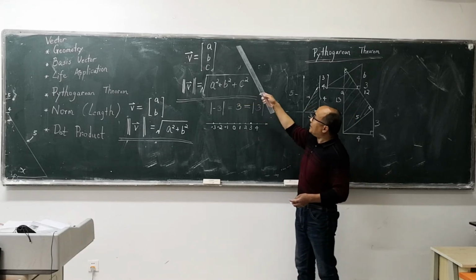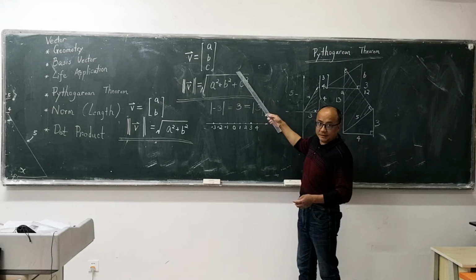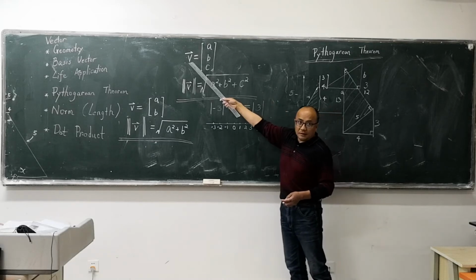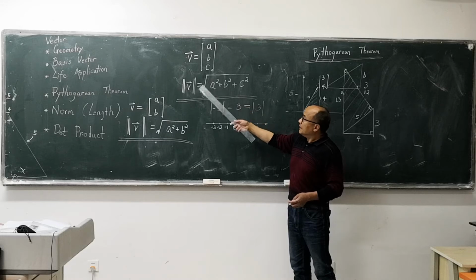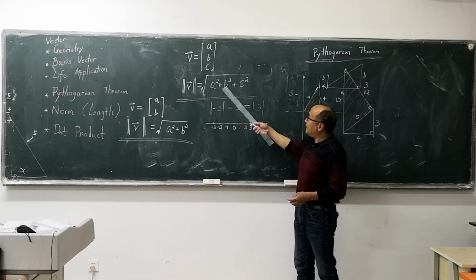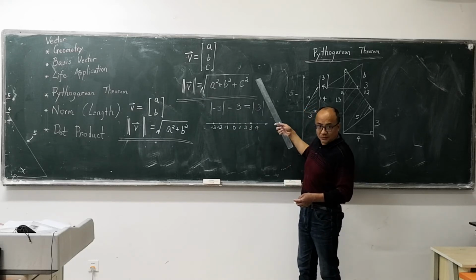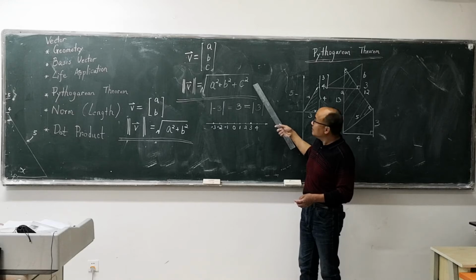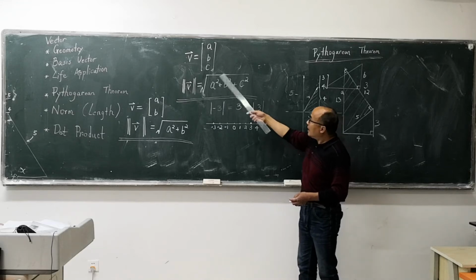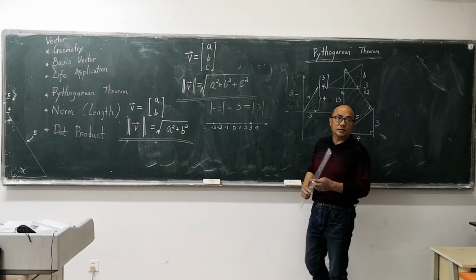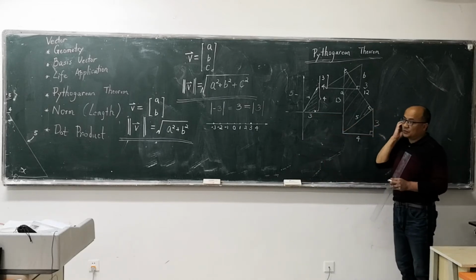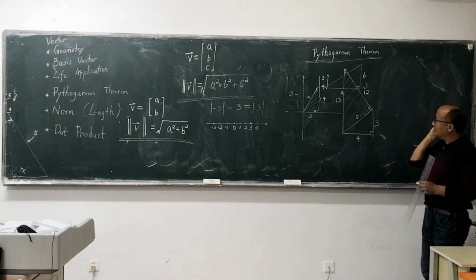If this is 4 dimension, A, B, C, D, the norm will be A squared plus B squared plus C squared plus D squared. And then take the square root. Okay.